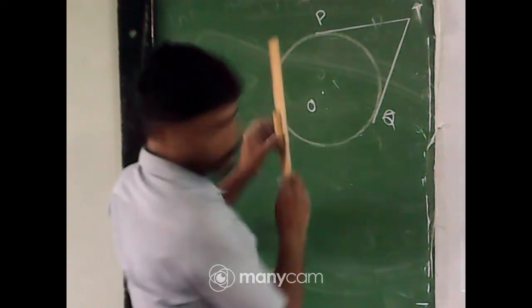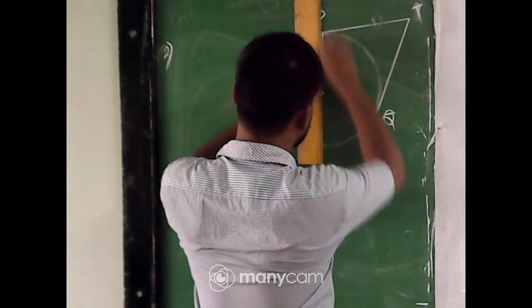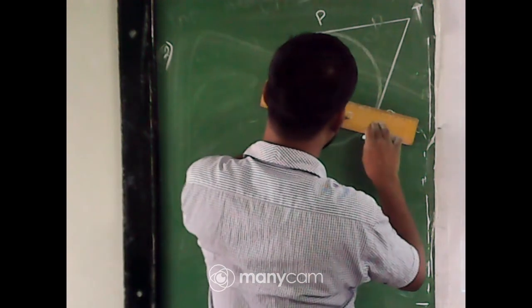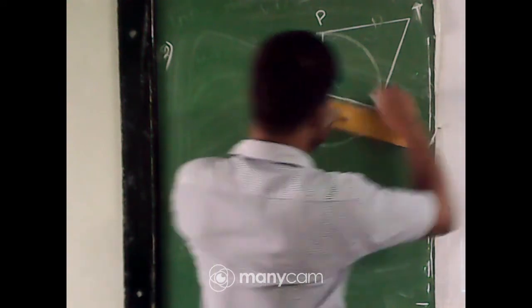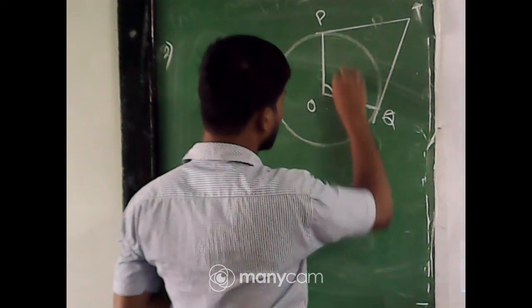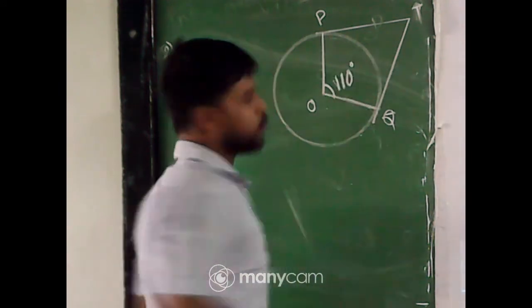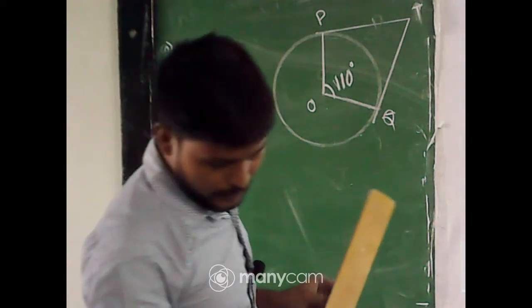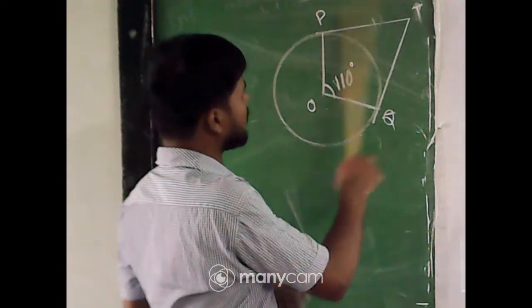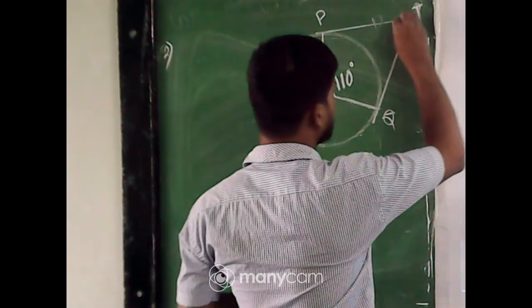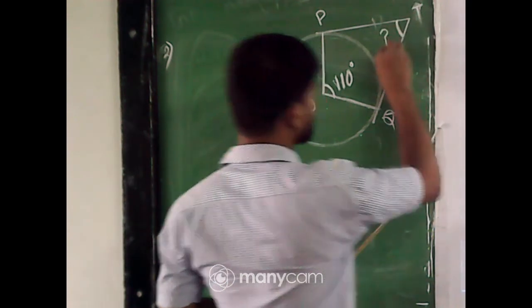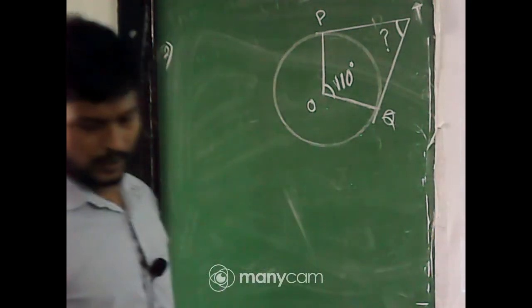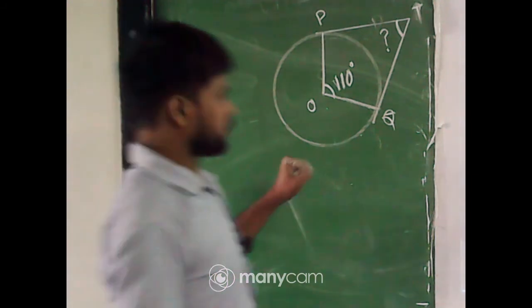Angle POQ is equal to 110 degree. We have to find the measurement of angle PTQ. What is the value of this angle? Now look.